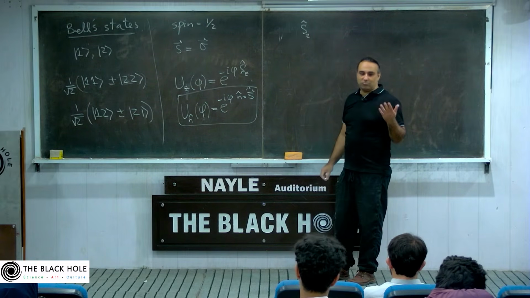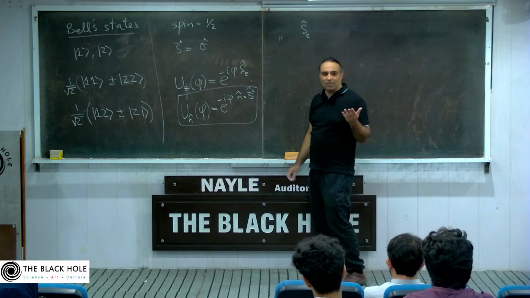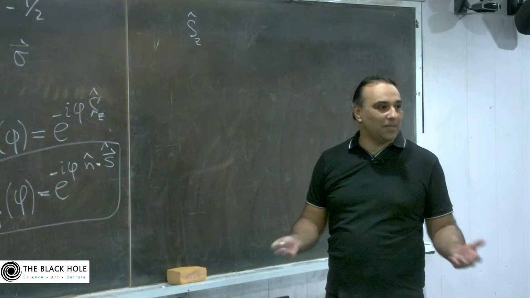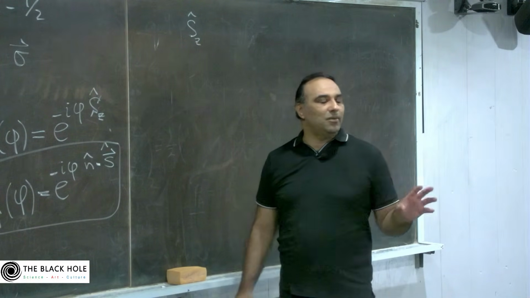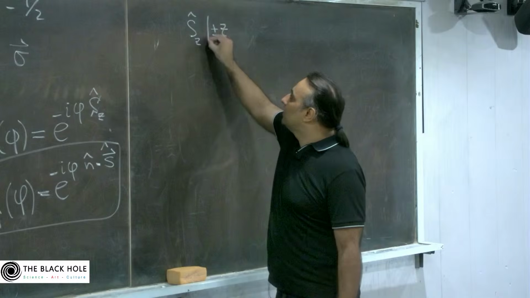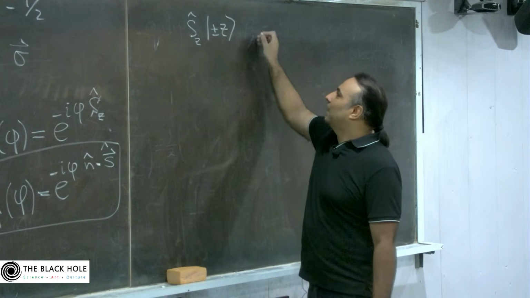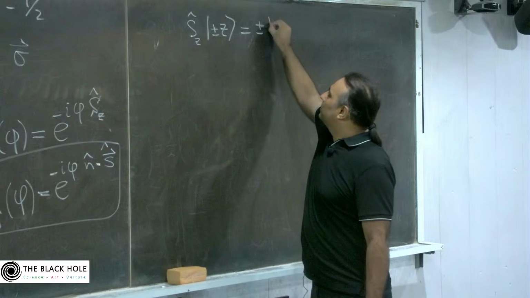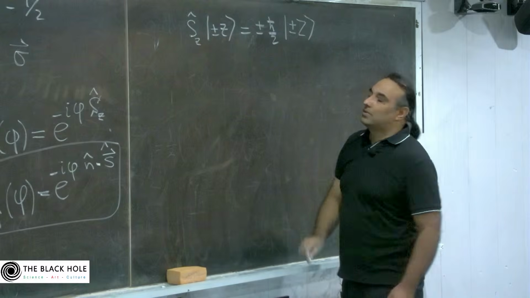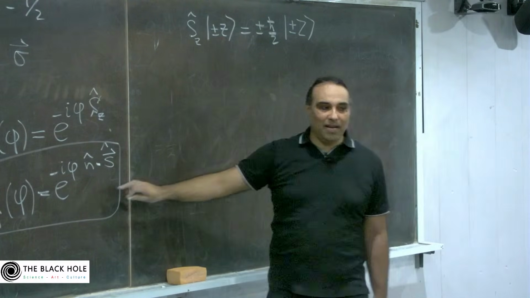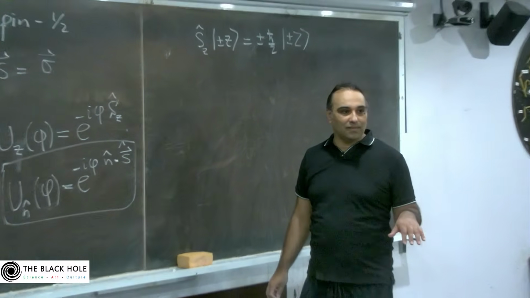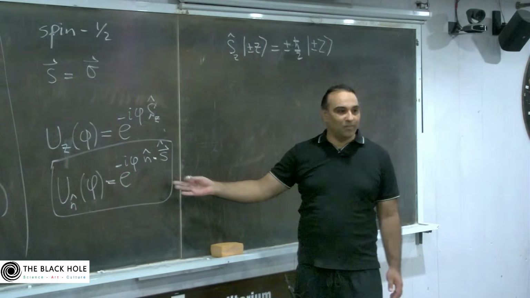Suppose we take this z as a reference, then we have two possible outcomes for its measurement, either plus half or minus half, and we can label the corresponding states as plus half or minus half, or plus minus z, so that it is an eigenstate of Sz. This will be like h bar by 2. With this information and this information, you can get Sx and Sy as their eigenstates and write them as Pauli matrices.